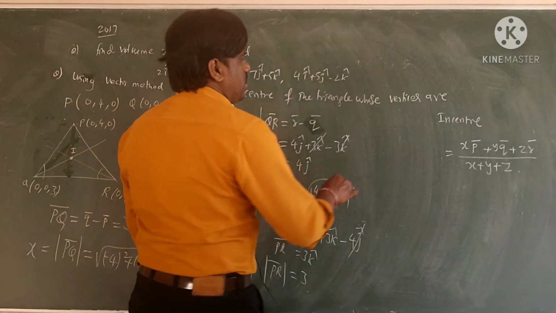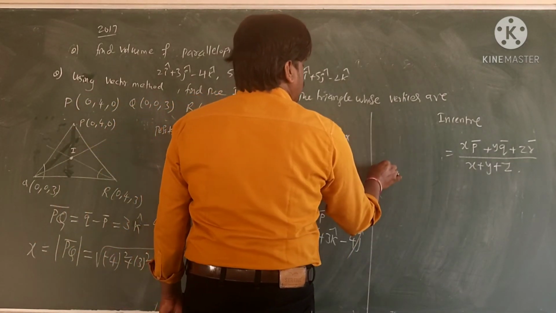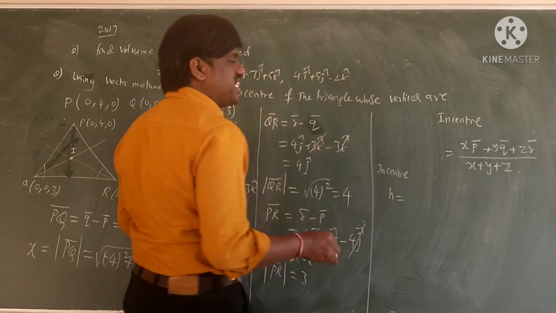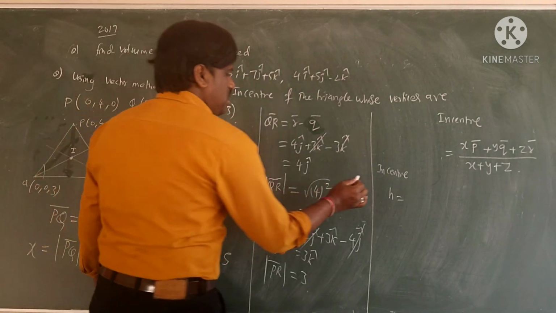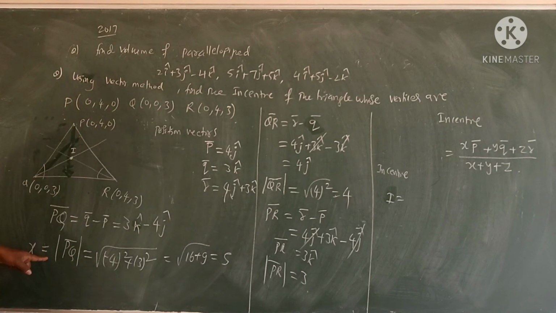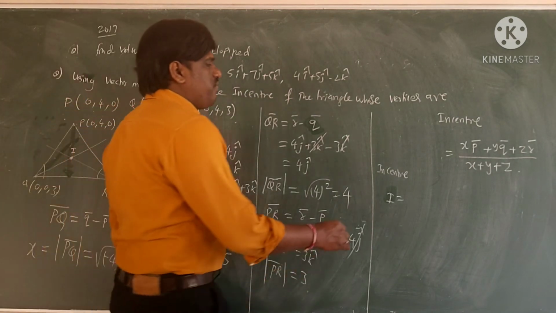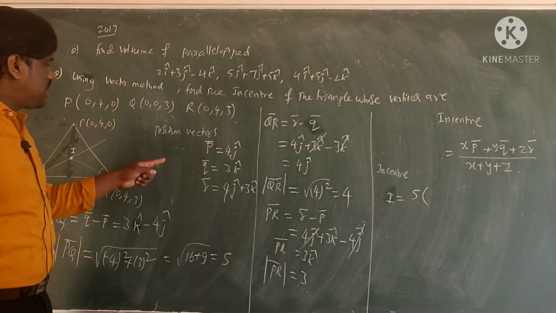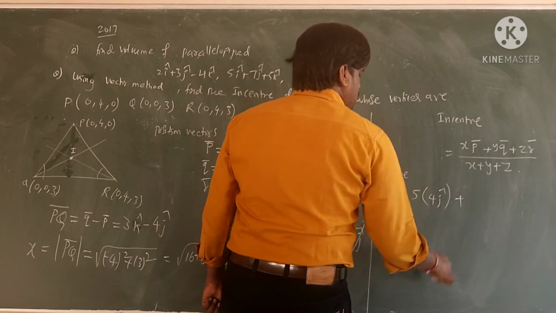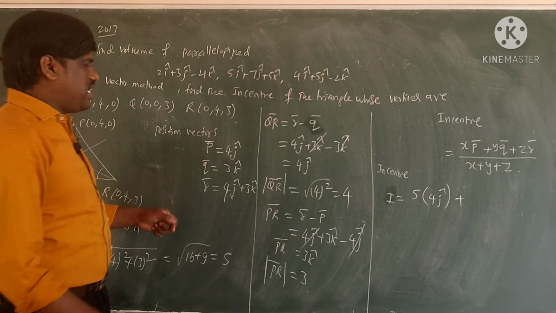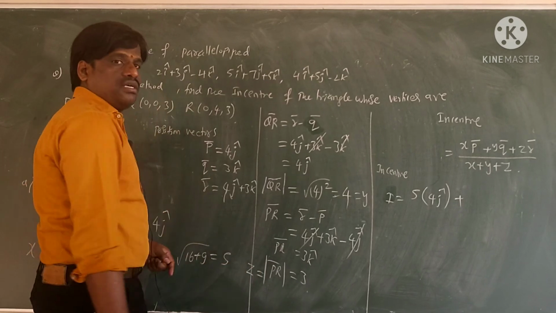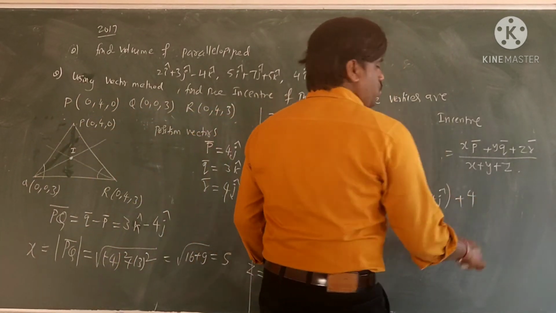Now we have to find the incenter. Incenter I is equal to, you can use anything, I or H. I can write here X into P vector, where X is 5. What is P vector here? P vector is 4j. Plus Y, this second one is Y and this is Z. So 4 into Q vector.